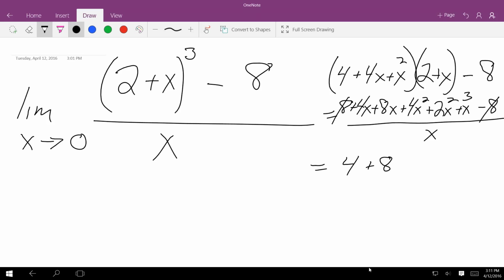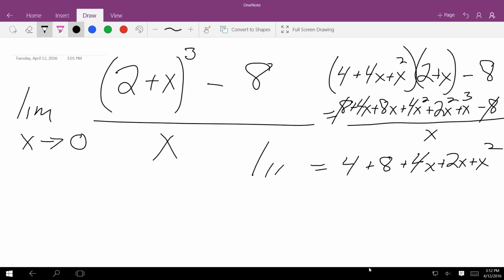We'll combine them, but there's no need to combine them at this point. We're just dividing every single term by x. 4x divided by x is 4. 8x divided by x is 8. So then that would just be 4x. Keep going. And then 2x. And then x squared.